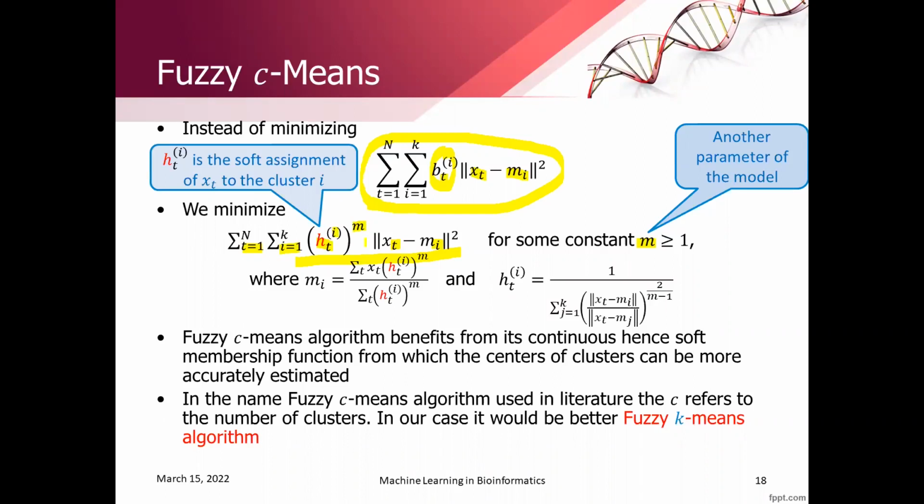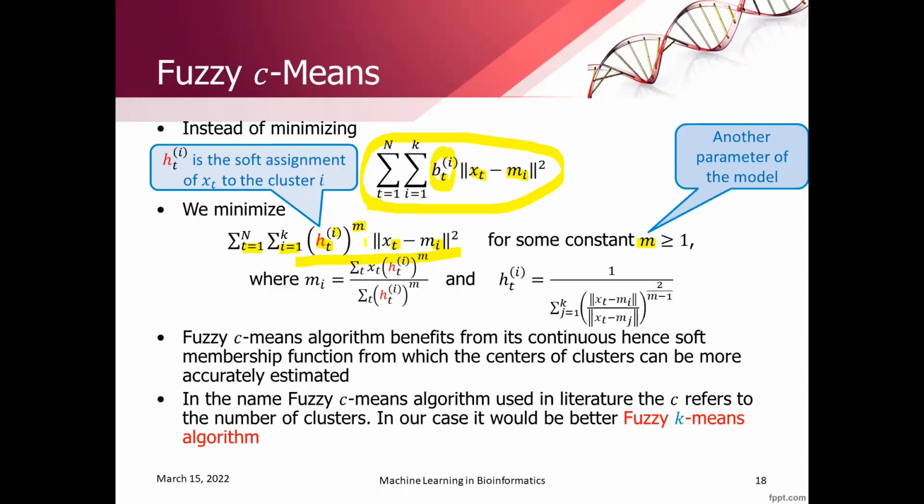What do you think about this parameter m? Something strange. If m is equal to 1, then it's the same as for k-means, but still we have fuzzy assignment to the clusters, so vectors with possibly several non-zero values.